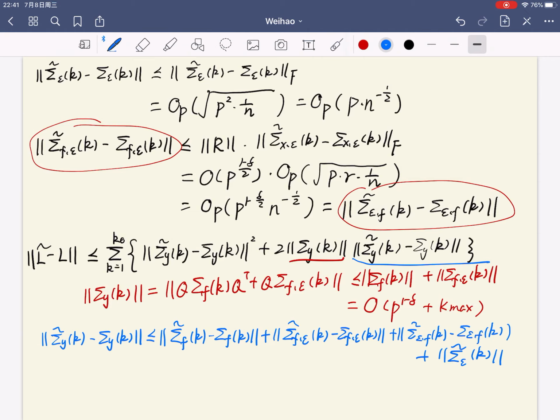Then we plug in the rate from lemma 3 into this inequality.